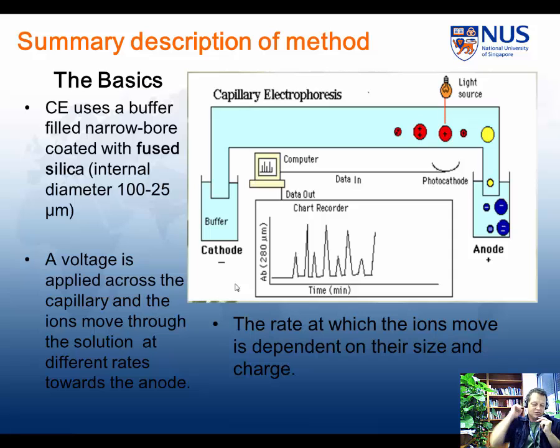So it's those different velocities of movement which are the basis of the method. So let's think about what determines the movement of those ions. The rate at which ions move in this system is clearly dependent on their size and their charge.